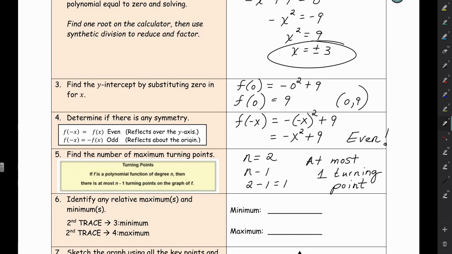So we have negative x squared plus 9. We already know this is a parabola. It's going like this. We're definitely not going to have a minimum, so we don't have to look for that in this case, but we do know that we do have a maximum. So let's take a look at that on our graphing calculator.